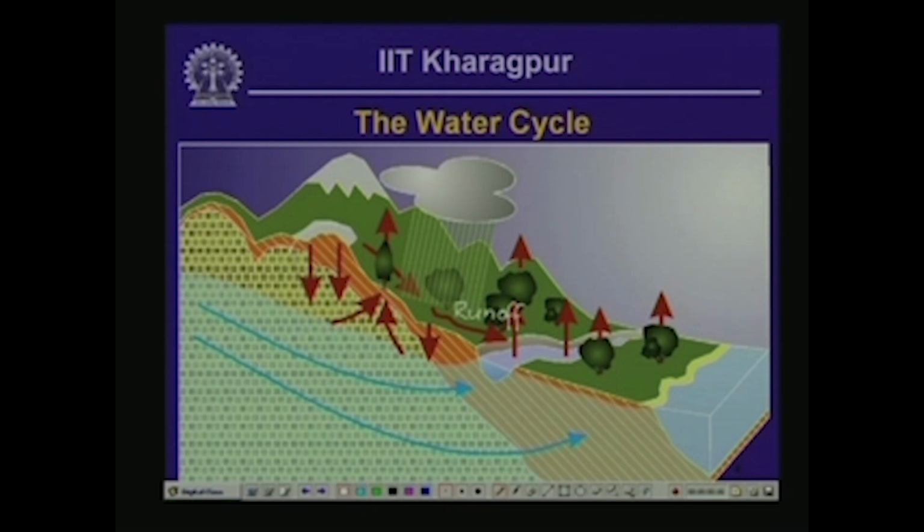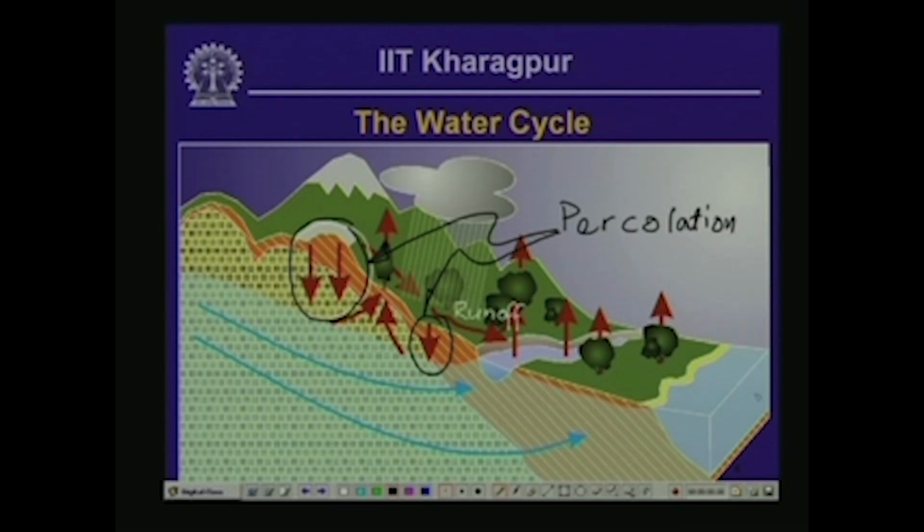So this one here is the percolation that we just now talked about, infiltration and percolation. Then a portion of the water falling on the surface is going to move downslope and directly recharge some surface streams.